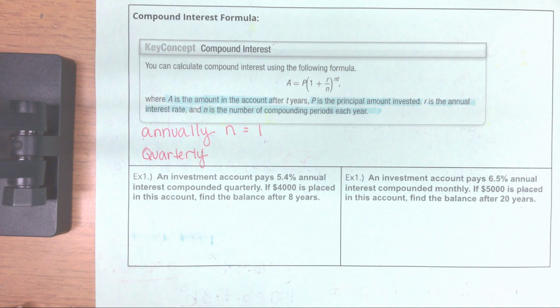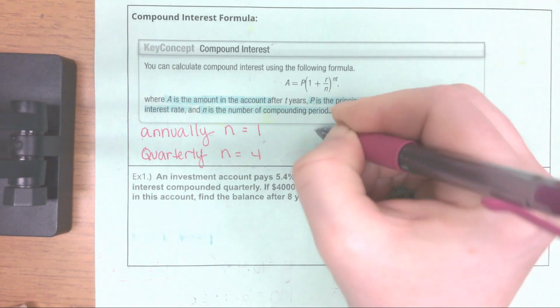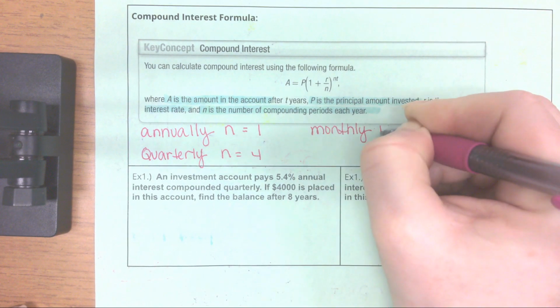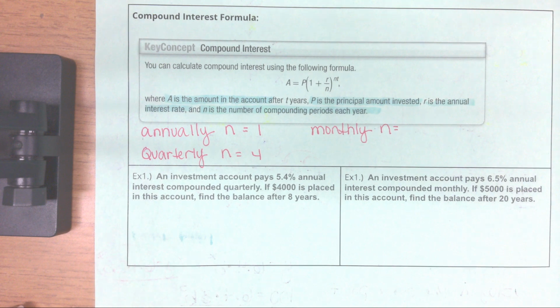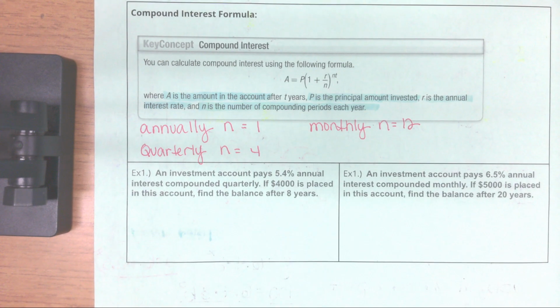Yeah, quarterly means N would be 4. If I said you get your interest monthly, how many months are there in a year? 12. Okay. And so any of those kinds of questions, if you want to know, you could always ask me. Like, I don't know how many times N is, but those are probably the 3 you're going to run across the most. Oh, look, there's 2 example ones.